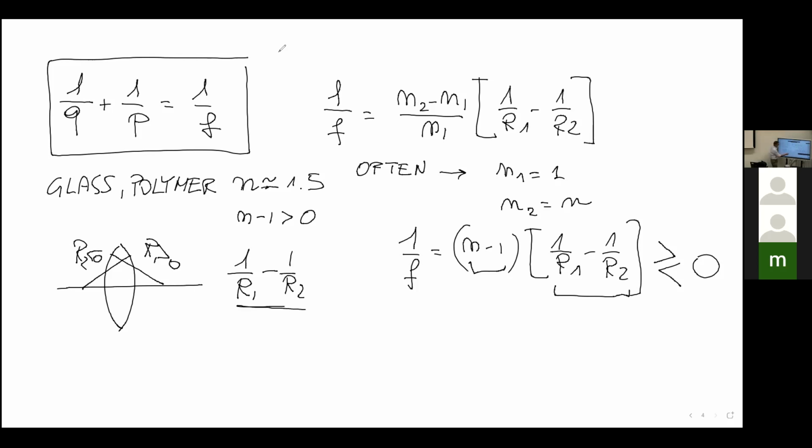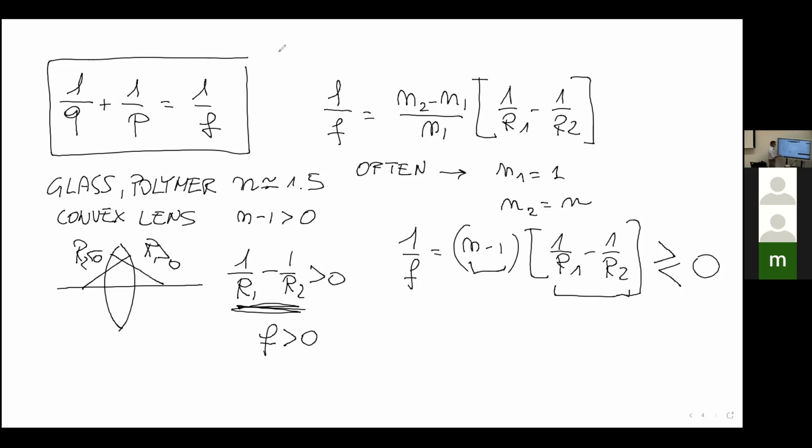So surely this difference here is larger than 0 because minus 1 over R2 is surely positive. Okay, so if you have a polymer or glass lens that has two such curved surfaces, a so-called convex lens, because you have two convex surfaces, then surely you know that the focal length is larger than 0. You have a positive lens.